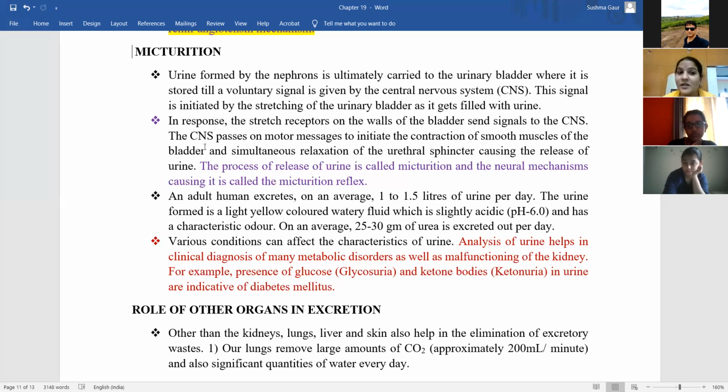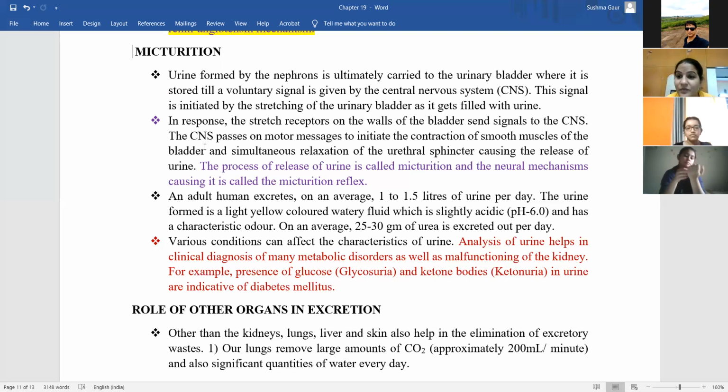Now the third thing that happens is that the central nervous system gives a motor message to the smooth muscles present on the bladder so that they can contract, and one thing is contracting, that is, the smooth muscles of the bladder are contracting, and the urethral sphincters are the structures that, if they contract or relax, then the urine is released.